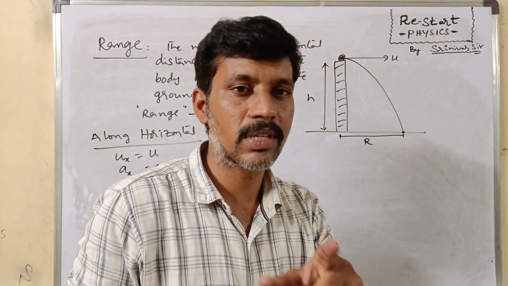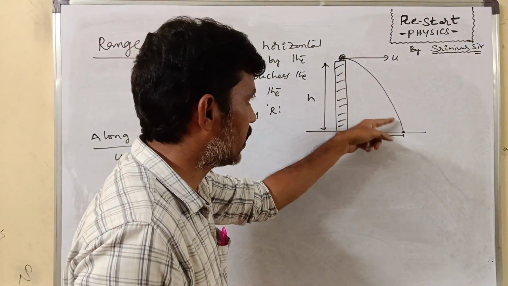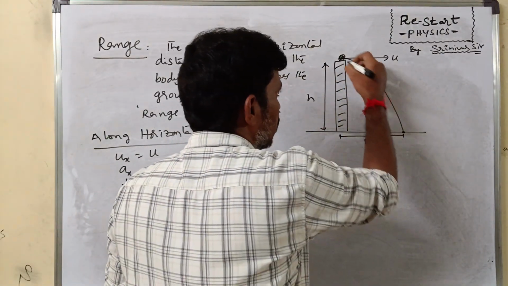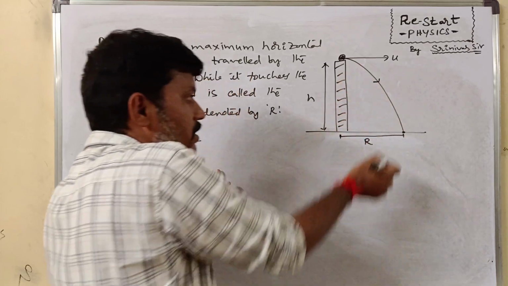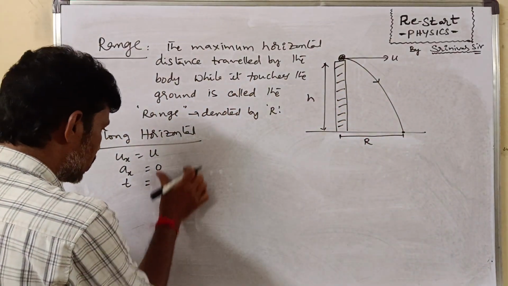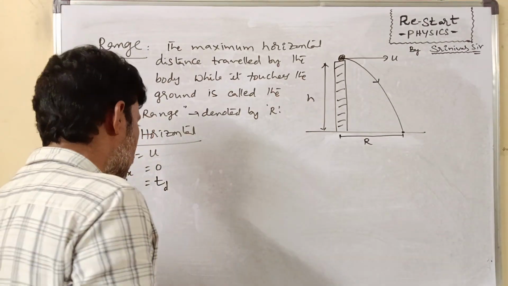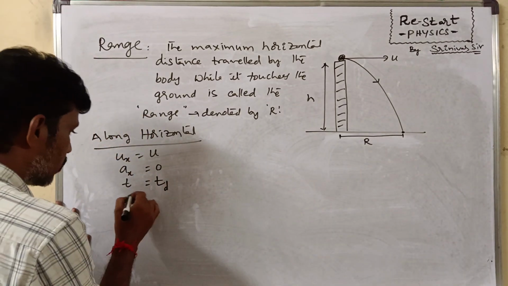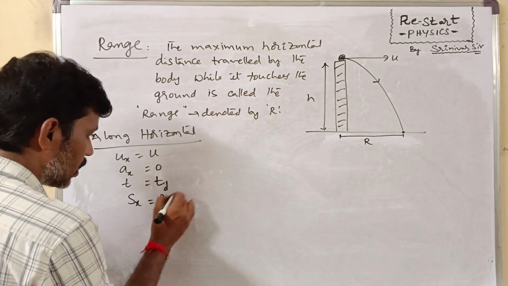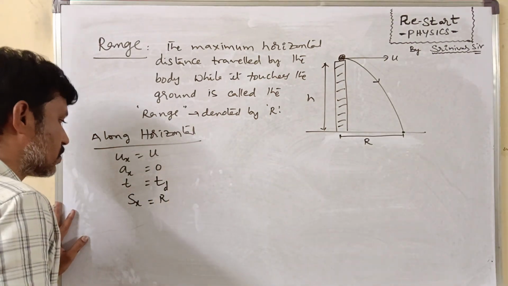Time t is equal to time of flight, or time of descent, we have to take because of the entire journey. That's why here time t is taken as td, otherwise time of flight, total time of journey. And next, sx is equal to capital R because of horizontal displacement.